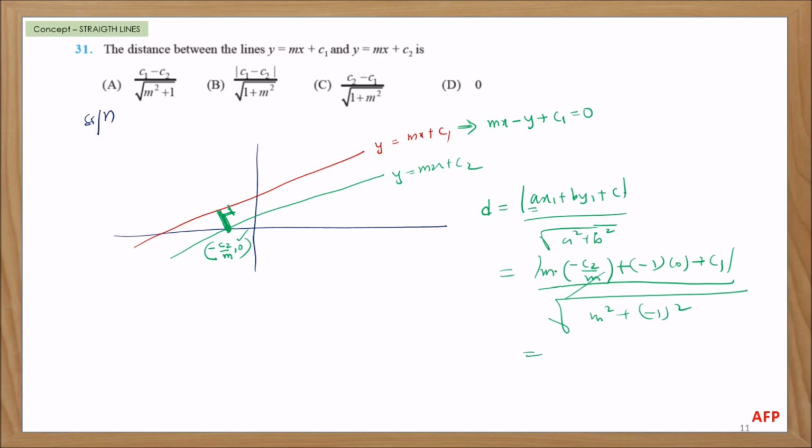So m will get cancelled: |c1 - c2| divided by square root of m square plus 1. So here is the modulus concept.